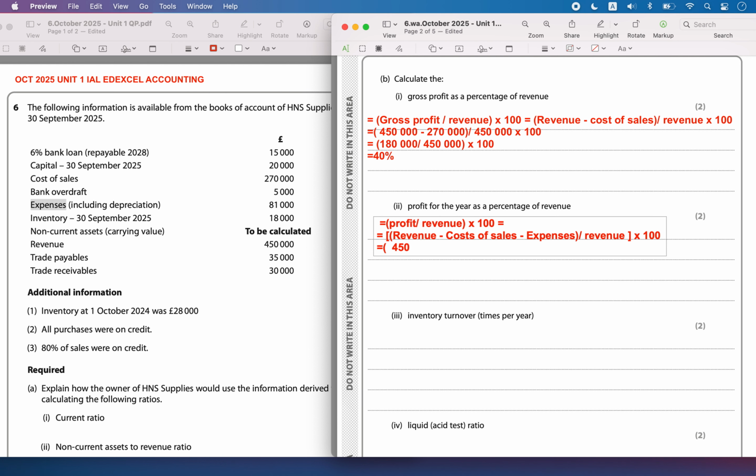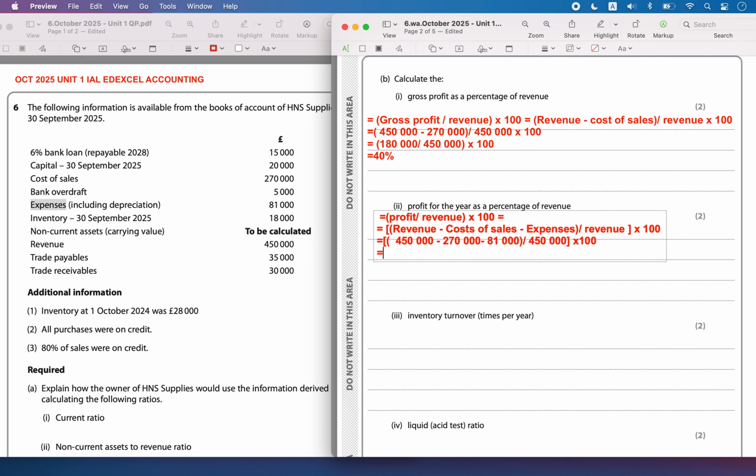So let's write: the revenue is 450,000, minus the cost of sales of 270,000, minus expenses including the depreciation they have given, which is 81,000. All this is divided by the revenue, which is 450,000. Then you multiply this entire thing by 100.